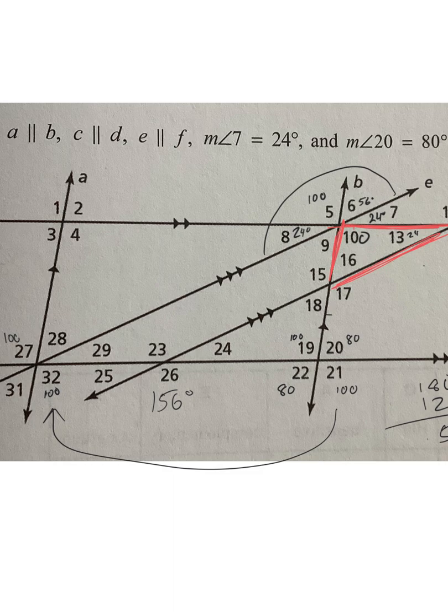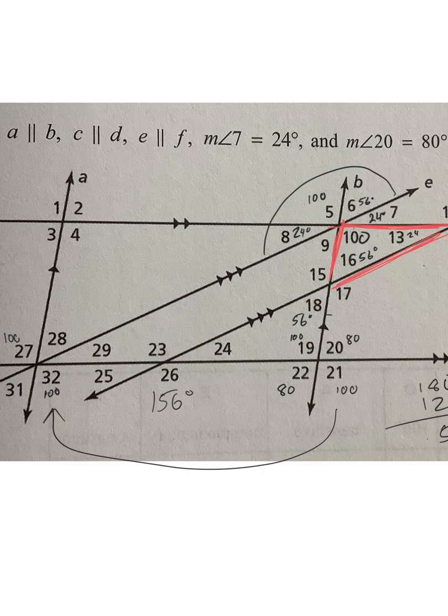Angle 16 and angle 6 are corresponding angles. It's very hard to see with this picture. So angle 6 is 56 degrees. And that means angle 18 is 56 degrees. Why? What's angle 16 to angle 18?